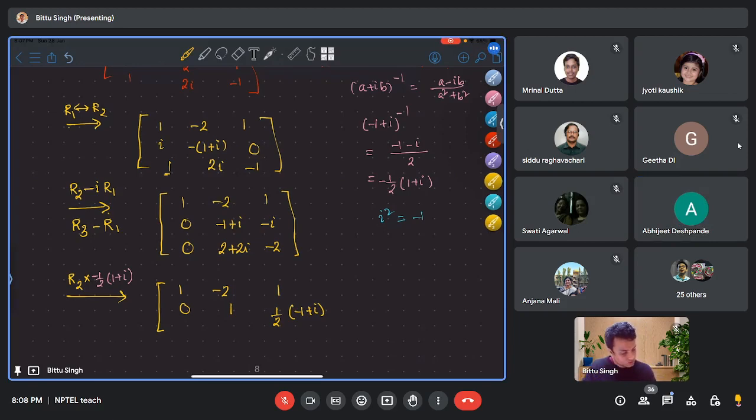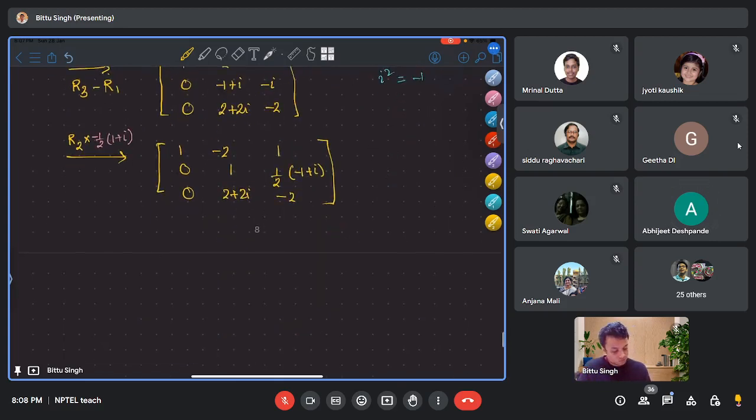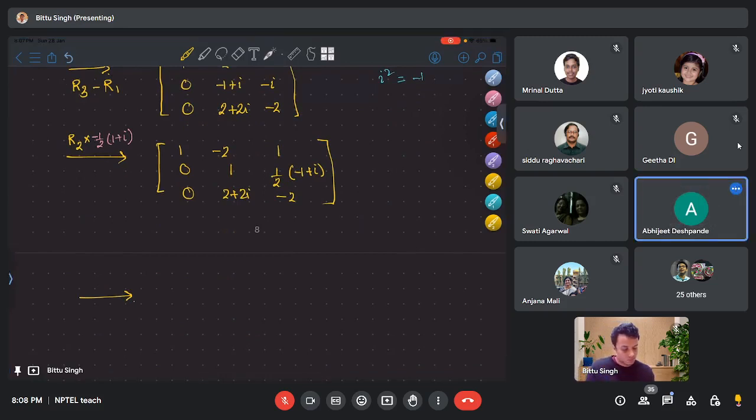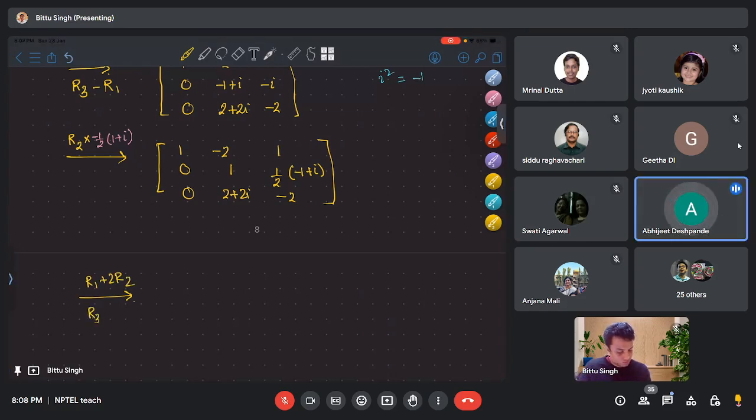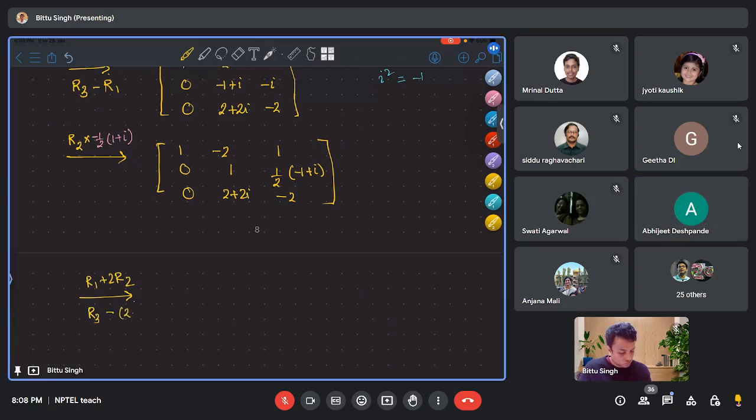This is same as 0, 2 plus 2i and minus 2. What will be the next step? R1 plus 2 R2 and R3 minus 2 into R2. 2 into i plus 1 into R2, yes, minus 2 plus 2i into R2.